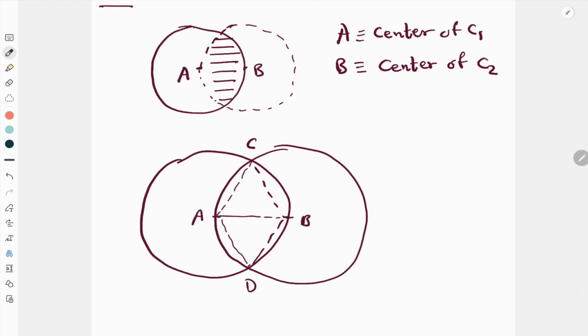Note that triangles ABC and ABD are equilateral triangles because each of these sides is r. Everything is r here. All the sides are r. So triangles ABC and ABD are equilateral. This might be useful.